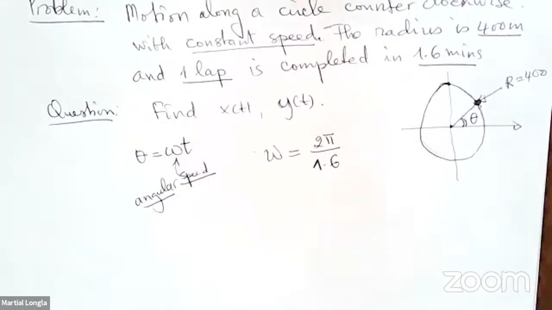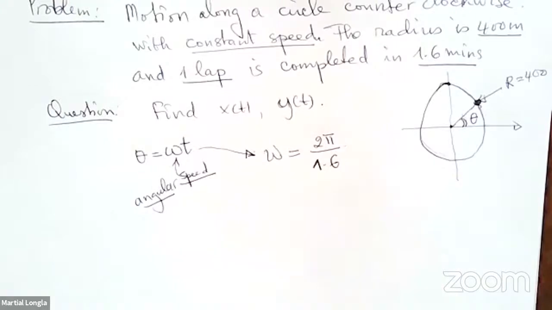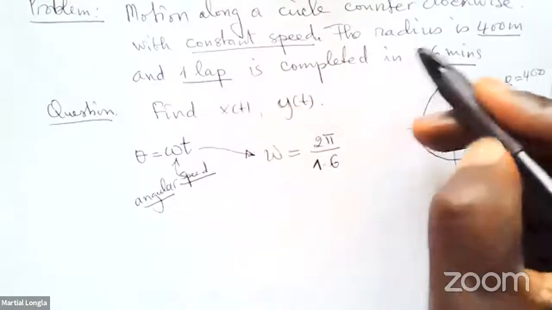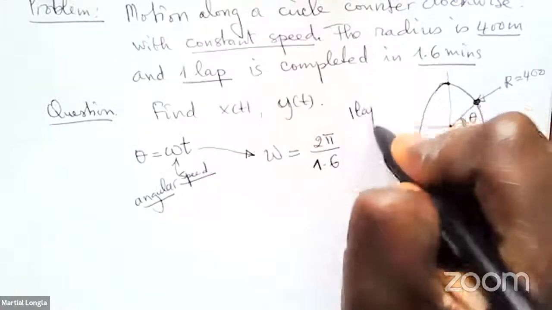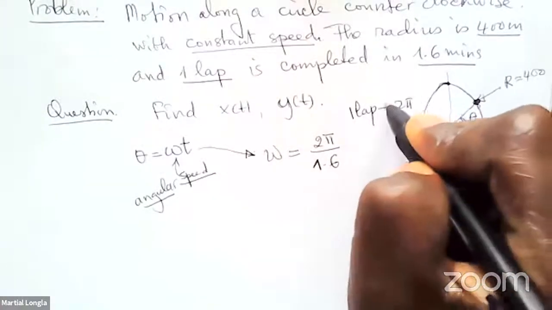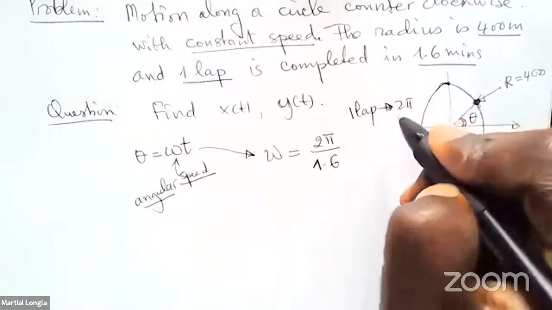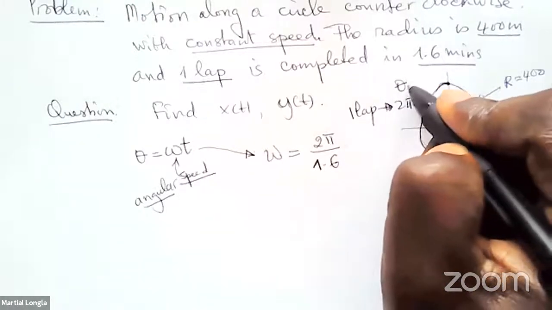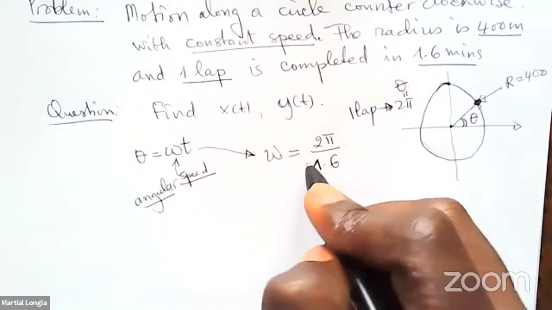That's it. Are we good? So I'm using this formula, and the fact that one lap translates into an angle 2 pi, that stands for theta, and that you get omega.